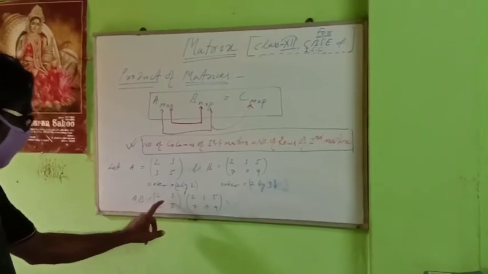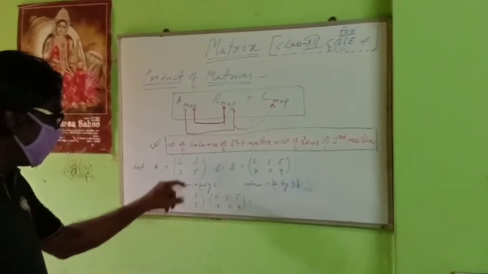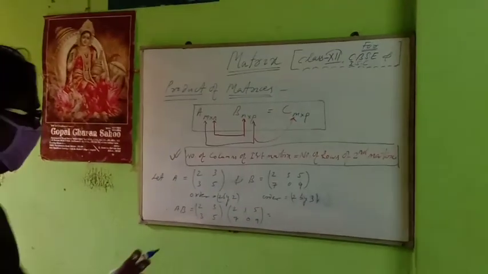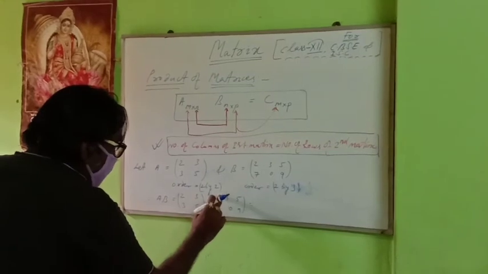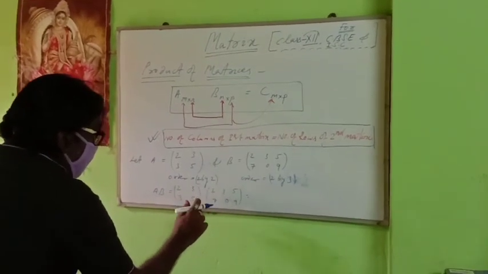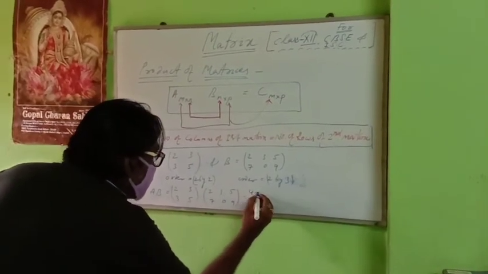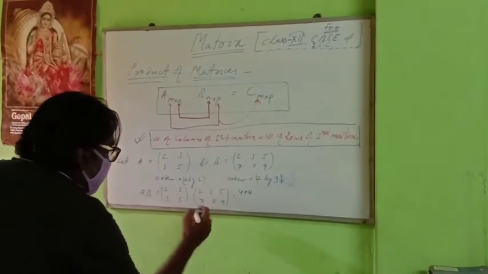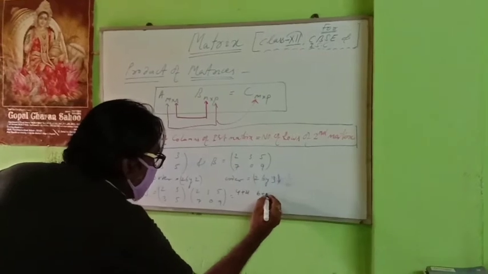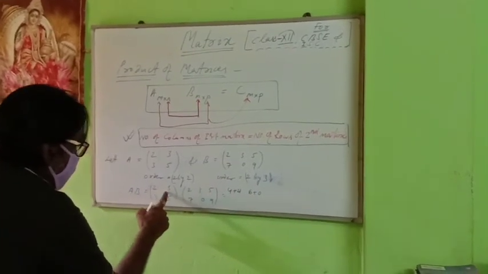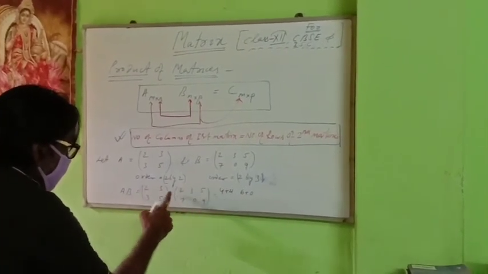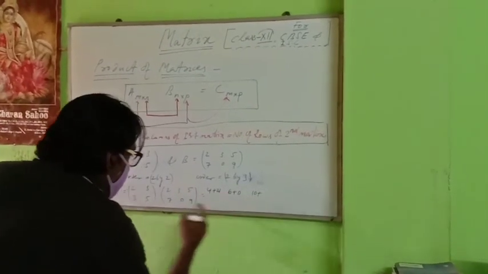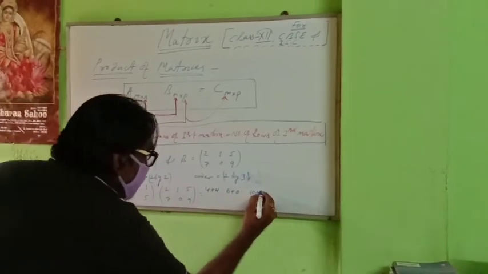If you multiply A into B, I have written A's values and B's values here. Now multiply. You know how to multiply matrices? First row with first column: 2 fours are 4, 4 plus 21. Then second: 6 plus 0. Next, first row with third column: 2 fives are 10, 10 plus 3 nines are 27.